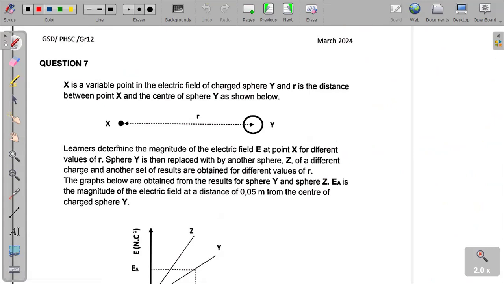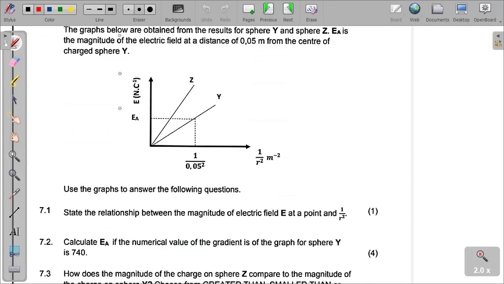Learners determine the magnitude of the electric field E at point X for different values of R. Sphere Y is then replaced by another sphere Z of different charges, and another set of results are obtained for different values of R. The graphs below are obtained from the results for sphere Y and sphere Z. EA is the magnitude of the electric field at a distance of 0.05 meters from the center of the sphere Y. Right, use the graph to answer the following questions.